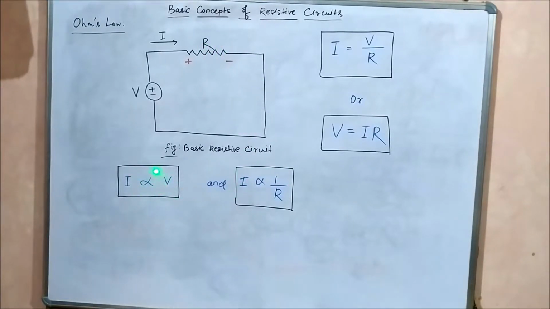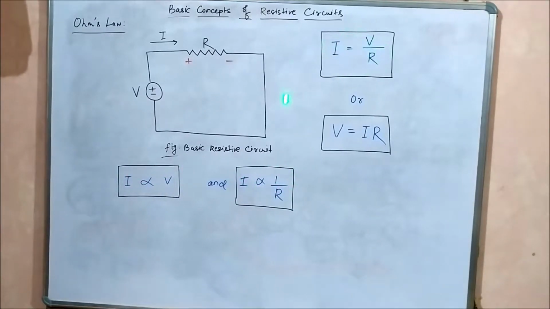What it means is that with an increase in voltage, there will be an increase in current flowing through the circuit, and an increase in resistance will cause a decrease in the current. This is what these two relationships imply.